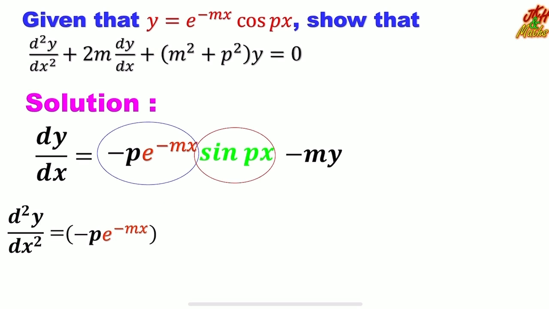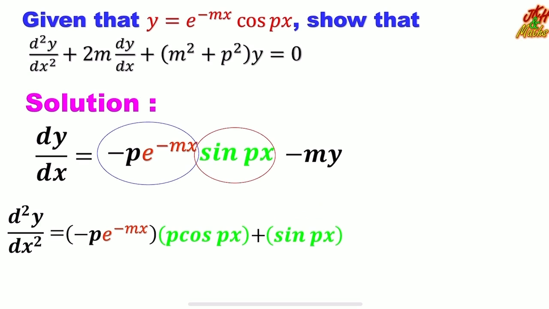So let negative p e raised to the power of negative mx be our f(x). Then we differentiate the second term with respect to x, giving us p cos px.